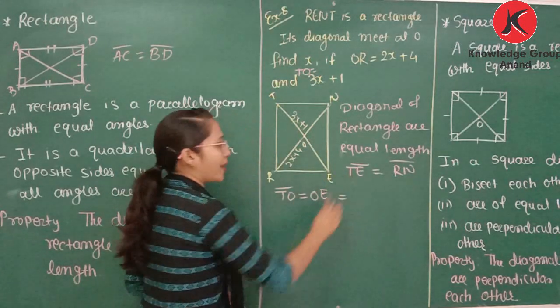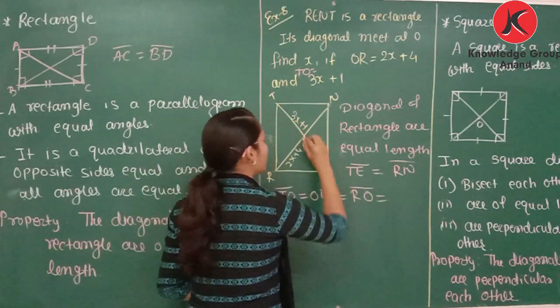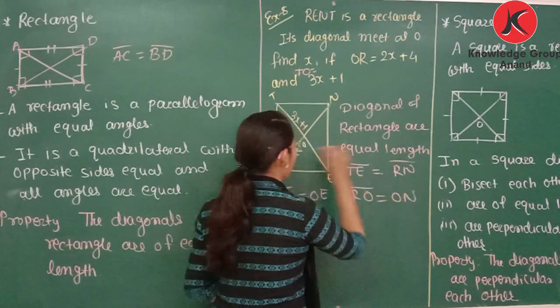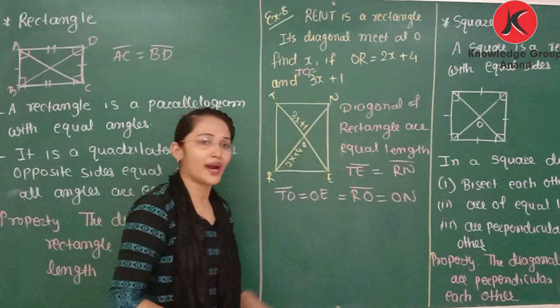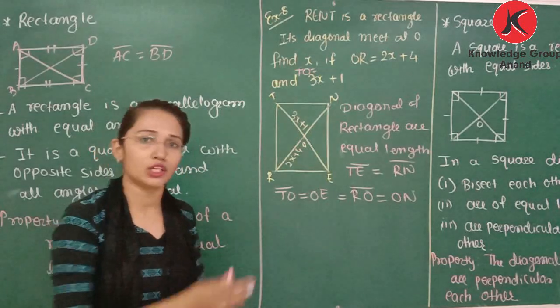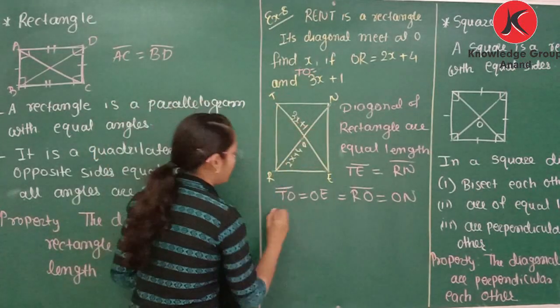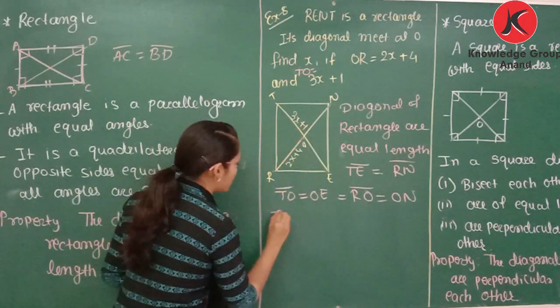And RO is equal to ON. Means all four parts will be equal. If two lines are the same and we make equal parts, all four parts will be the same.